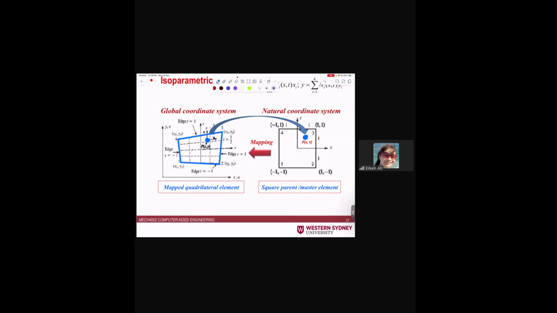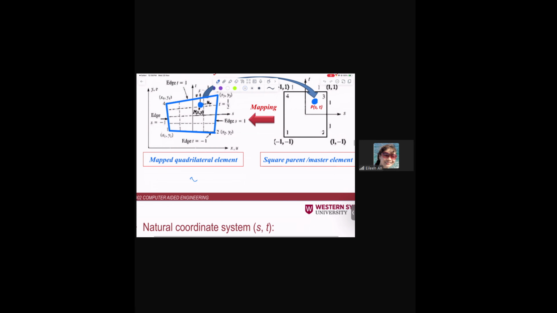If we use linear mapping association, what we have is, in the global coordinate system, we know the point P has the coordinates x and y, right?